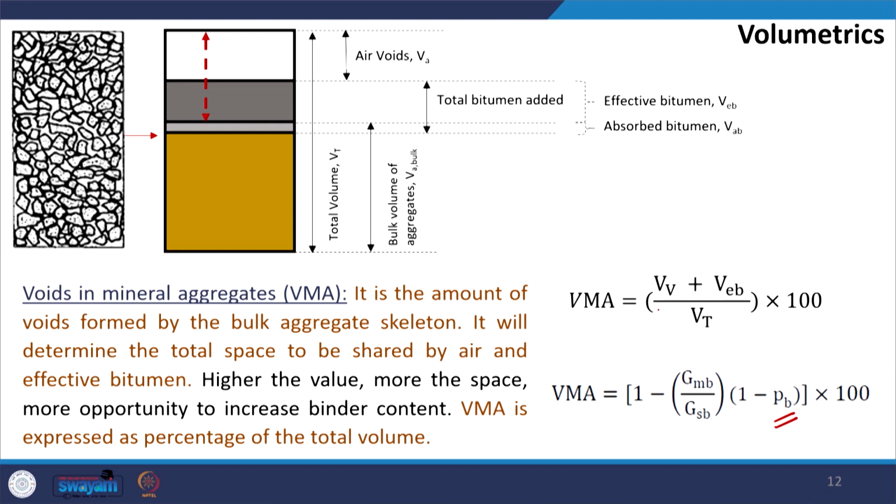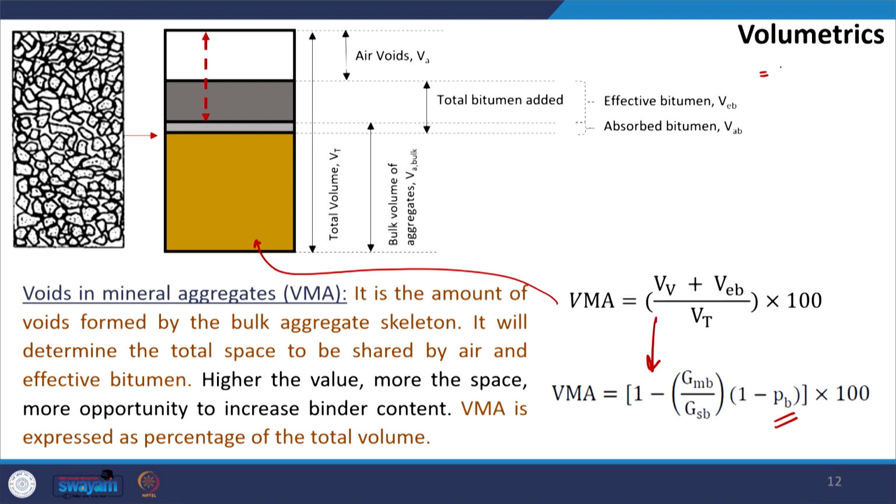Now, the question is how do I come from here to here. So, we will look at the derivation by referring to this diagram which I have drawn here, so that we can understand each step which we are discussing. You see in the numerator we have VV plus VEB. So, I am just starting here.